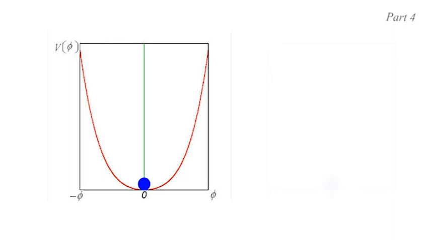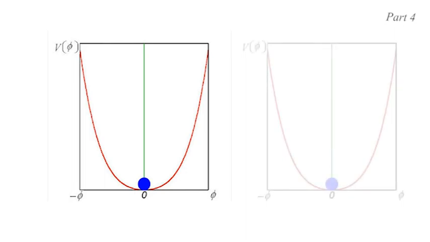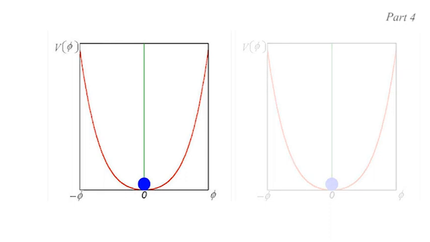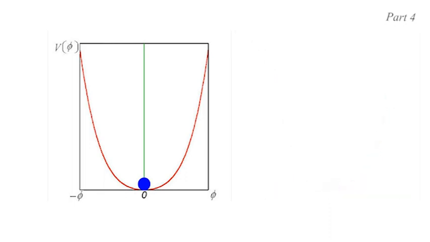If you like, that next door point will have its own plot of potential against phi, and on account of the disturbance, the field there will change. And as that point's field changes, it will go up and down the side of its cup. And this whole thing will continue from one point in space to another. And we can say that a wave or a particle has travelled outwards from the original point.